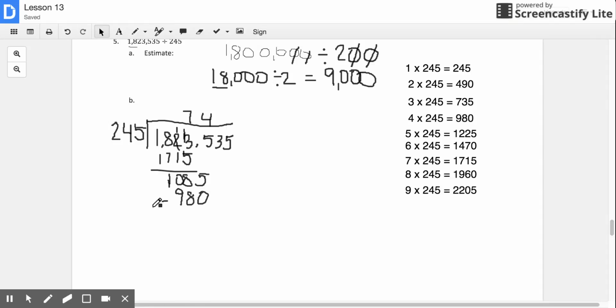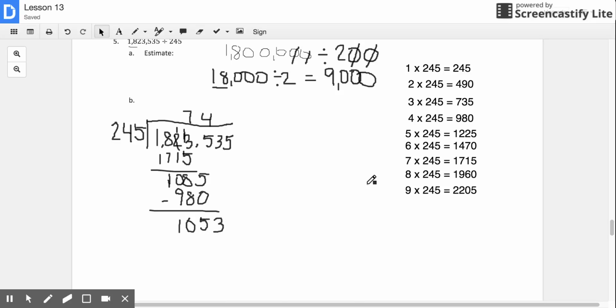Okay, we're going to subtract. 5 minus 0 is 5. 8 minus 8 is 0. And 10 minus 9 is 1. All right, we've got 105. Bring down the 3.